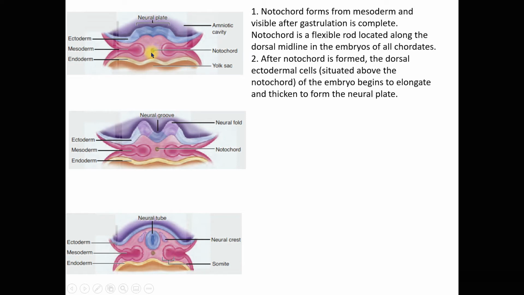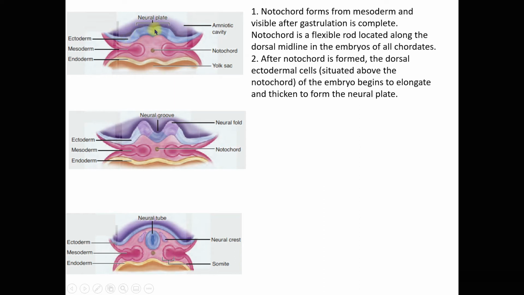Now, what is this notochord? The notochord is a flexible rod that is located along the dorsal midline in the embryos of all chordates. Dorsal means belakang, ventral ialah depan. Now, after the notochord is formed, what happens? The dorsal ectodermal cells will elongate and thicken.